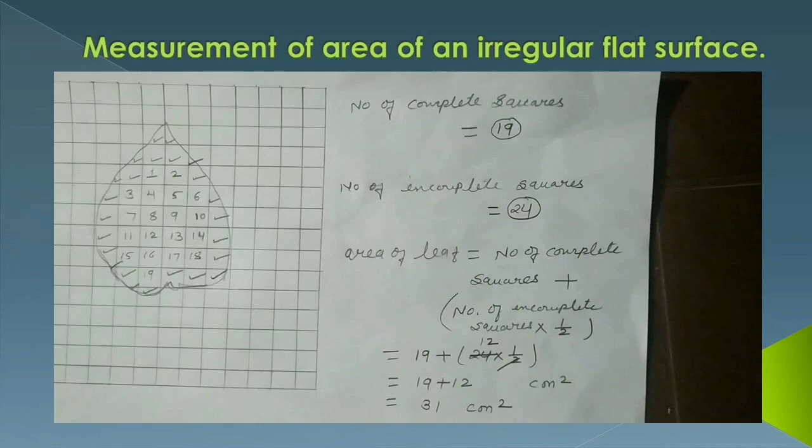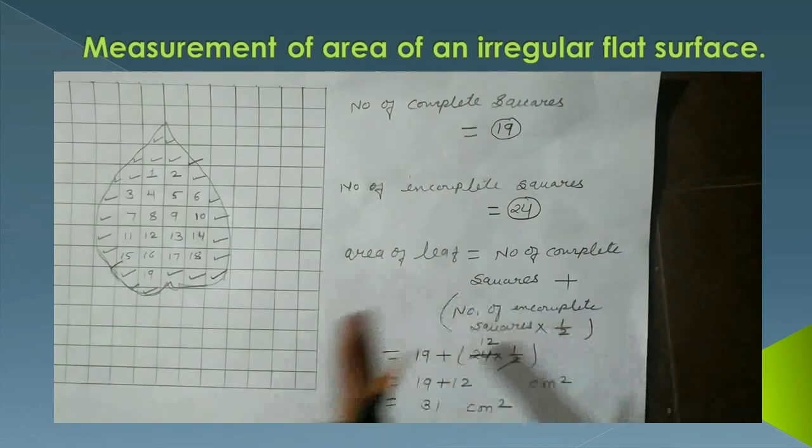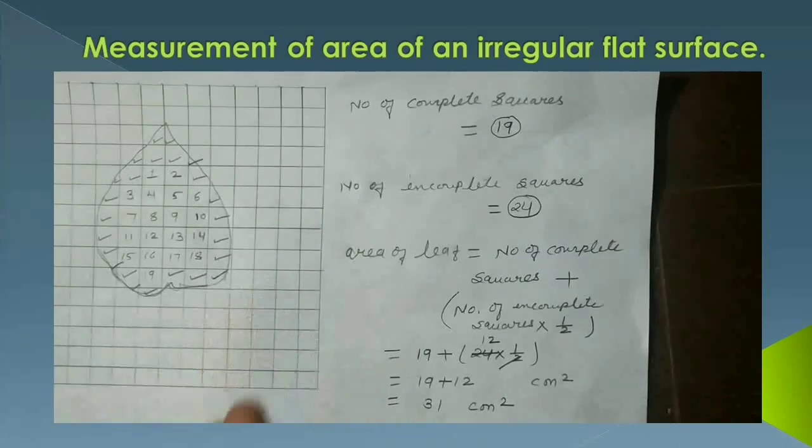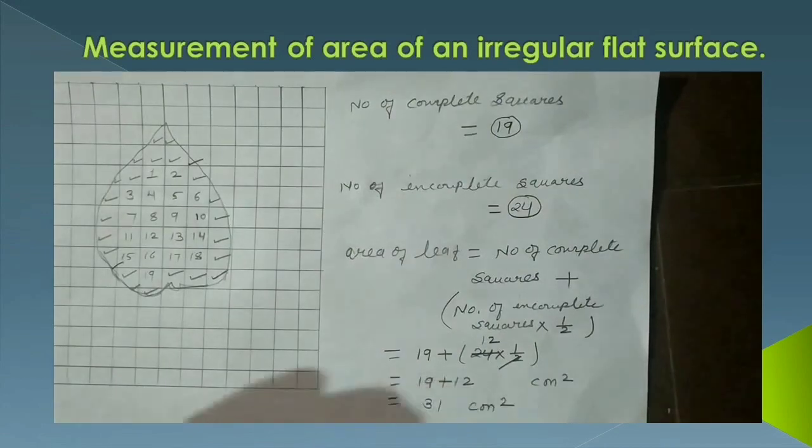In this way you can find the area of any leaf that is available, or the area of any irregular surface, such as a coin, or any other leaf like a rose leaf. But remember that if the leaf is small, you have to use millimeter graph paper.